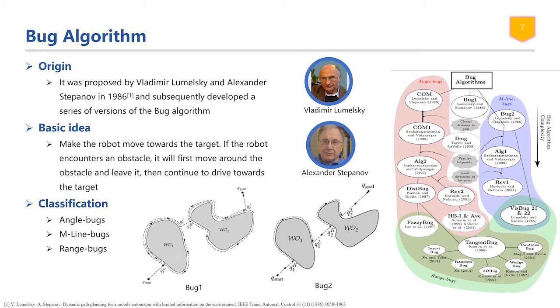If the robot encounters an obstacle, it will first move around the obstacle and leave it, then continue to drive towards the target. Bug algorithms can be divided into angle bugs, M-line bugs, and range bugs.